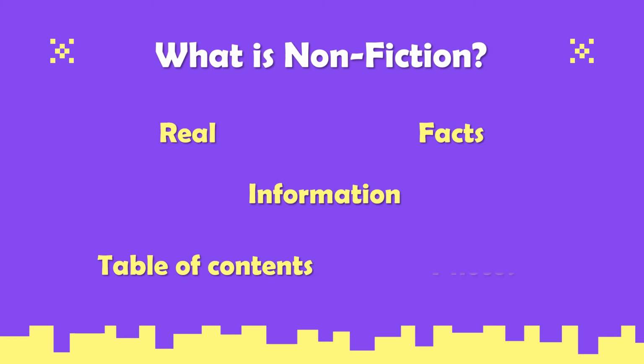Last is photos. Nonfiction books usually include photos or images related to the information it contains. It helps the reader to visualize what is being described or explained in nonfiction books.